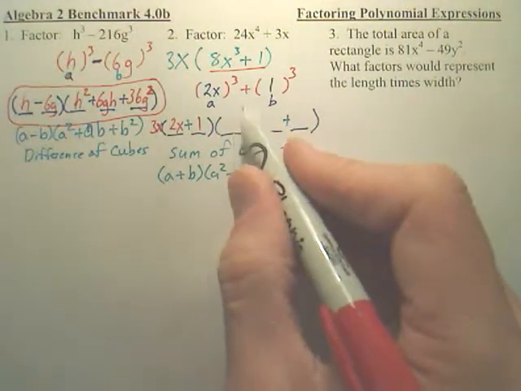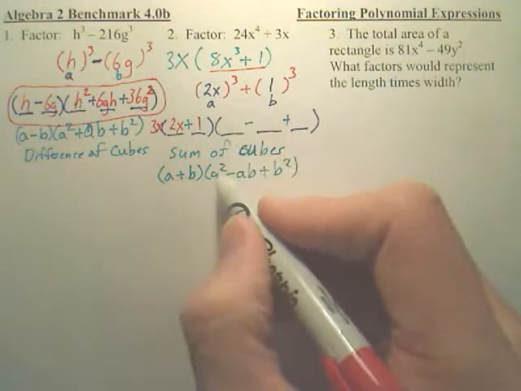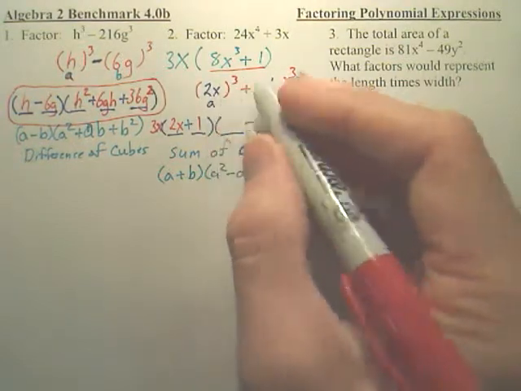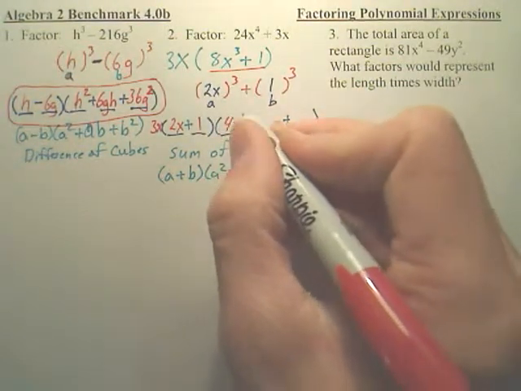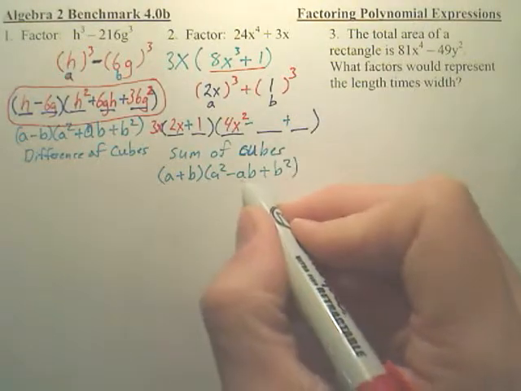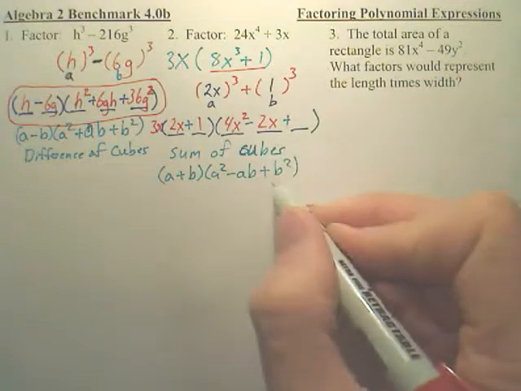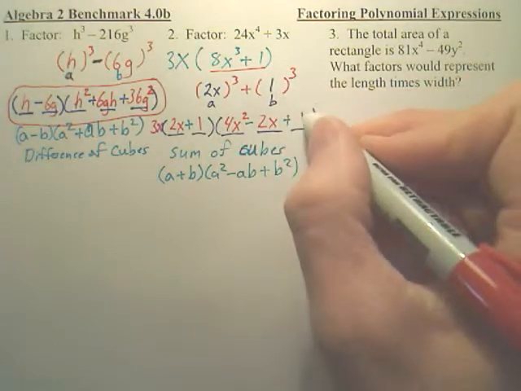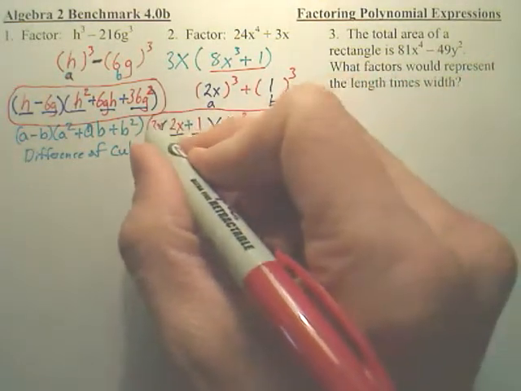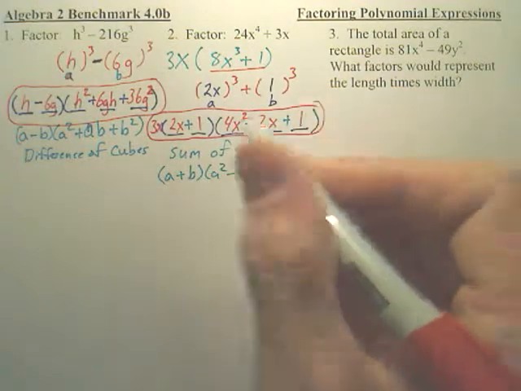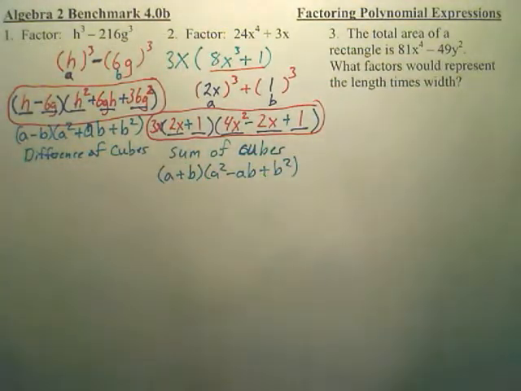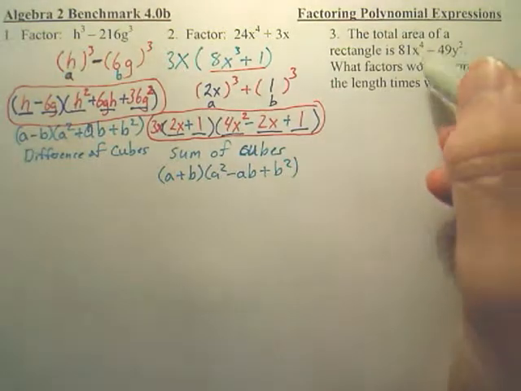Then you have a squared, so a squared is 2x times 2x, which is 4x squared. Now you have a times b, so 2x times 1 would be 2x. And b squared is 1 squared, which is 1. That is your answer. Don't forget your GCF. I almost forgot it.